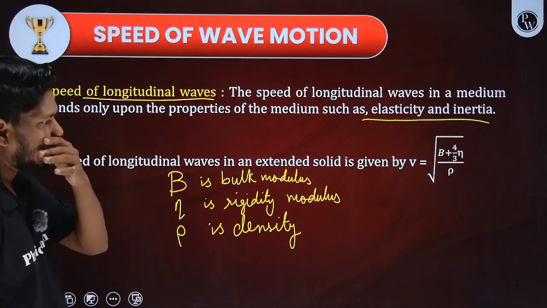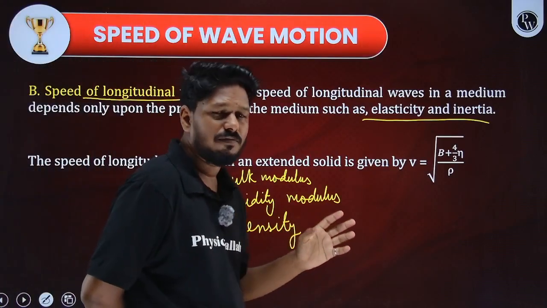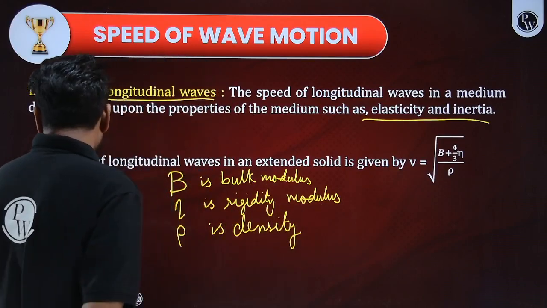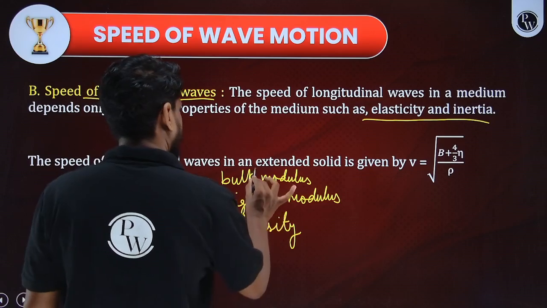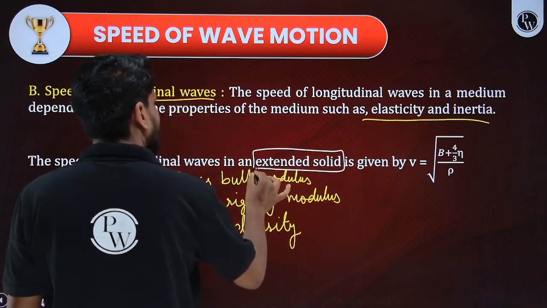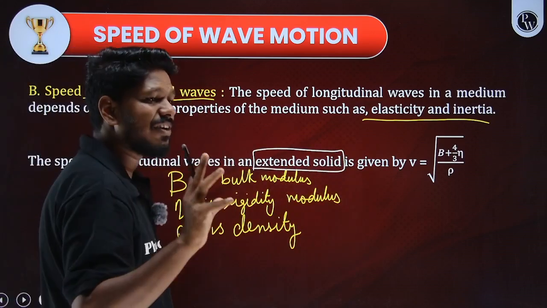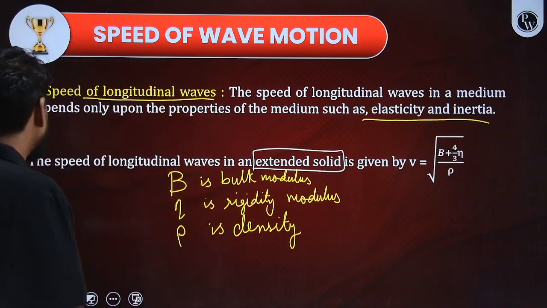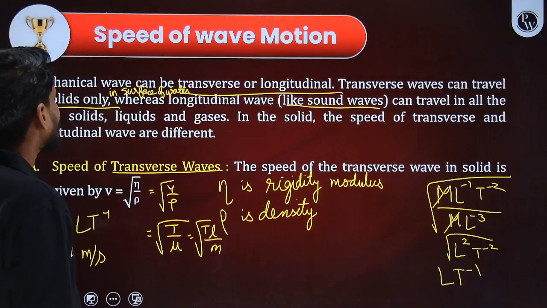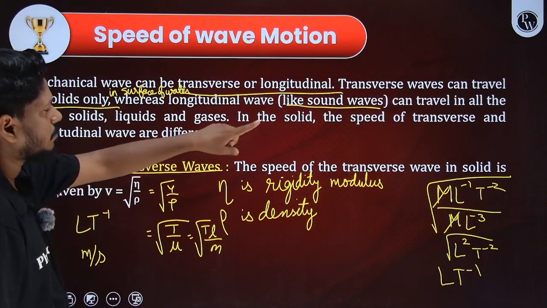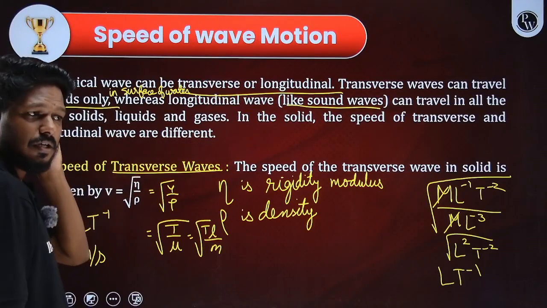Speed of longitudinal wave. So for longitudinal wave, if they are asking about an extended solid, because we have said that longitudinal wave has a different formula. I have earlier mentioned that longitudinal wave and transverse wave have different formulas. In solid, the speed of transverse wave and longitudinal wave are different, correct?